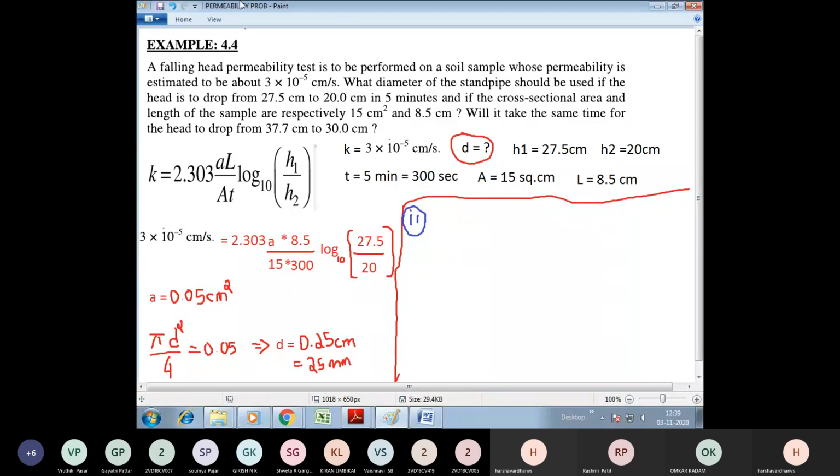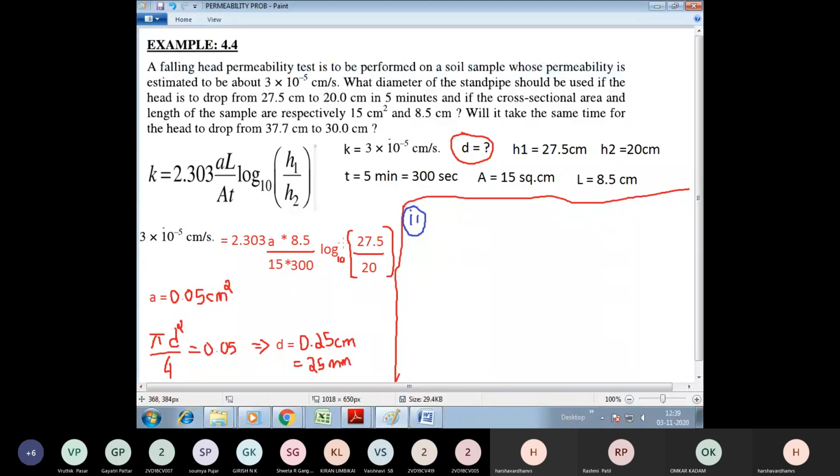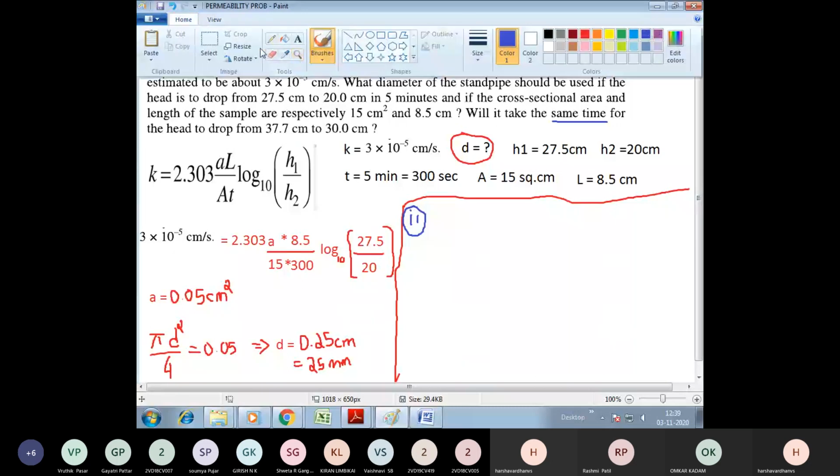Next, we'll move to the second part of the problem. In the second part of the problem also you have to do the same thing. Will it take the same time? So we have to find the time for the head to drop from 37.7 to 30 centimeter. So the rest of the values remain the same.